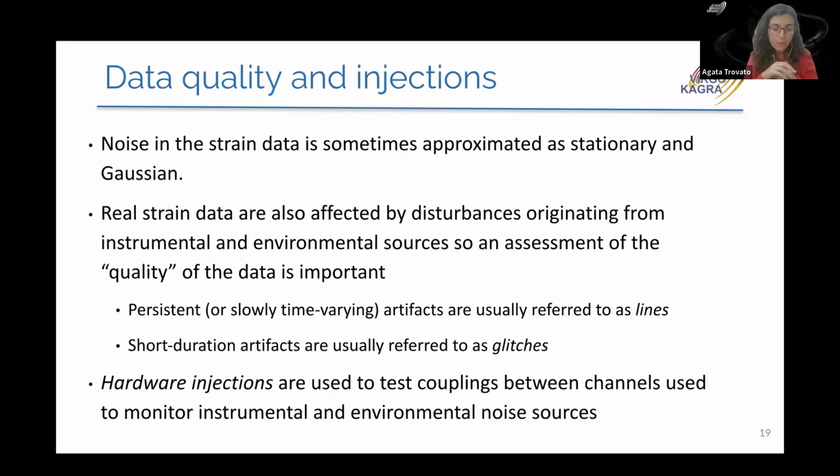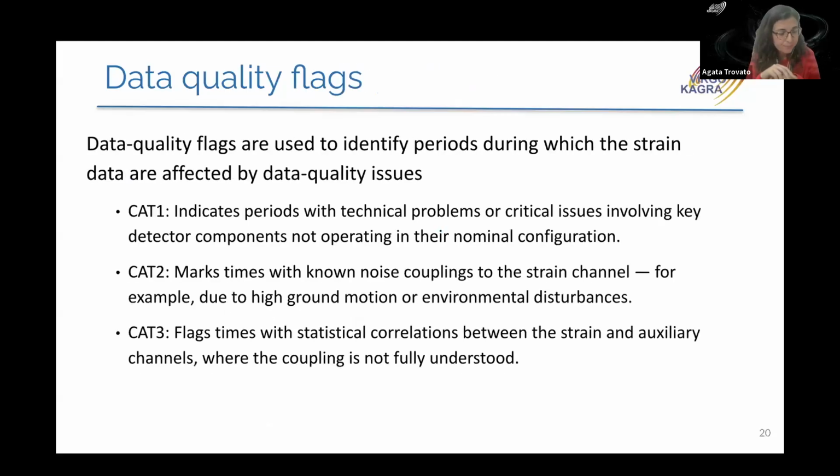It could be done to estimate the quality of the data, to understand the couplings between, for example, our auxiliary channels and the strain data, but it can also be done for activities that have to do with the various kinds of searches that we have in our data analysis. And okay, yes, you can go to the next slide.